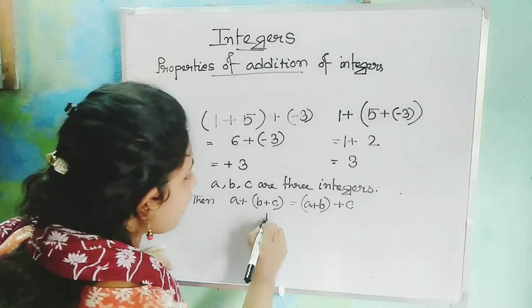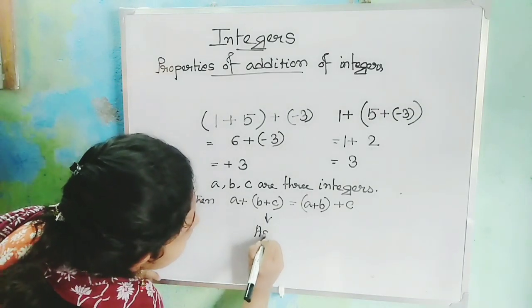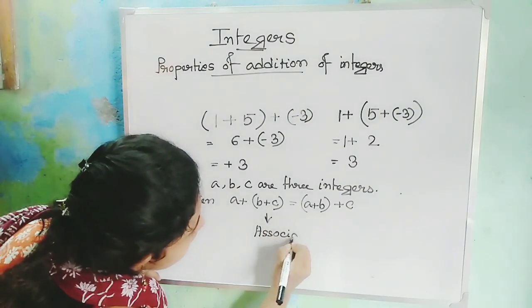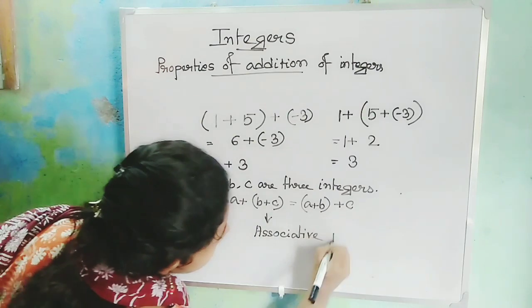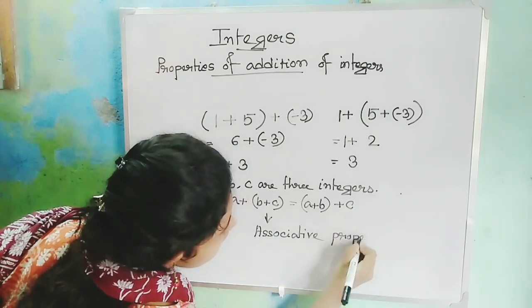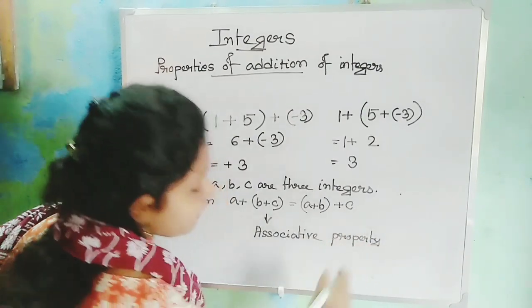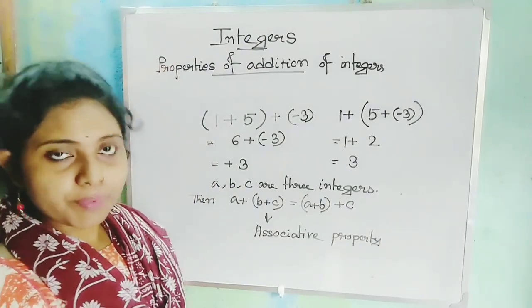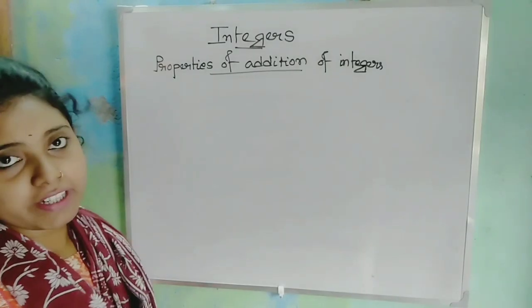This is called the associative property of integers. We will see the additive identity.